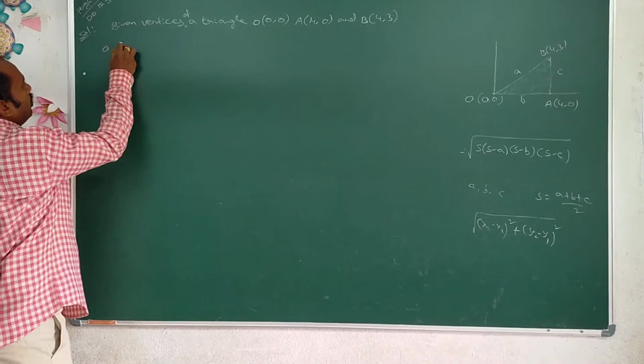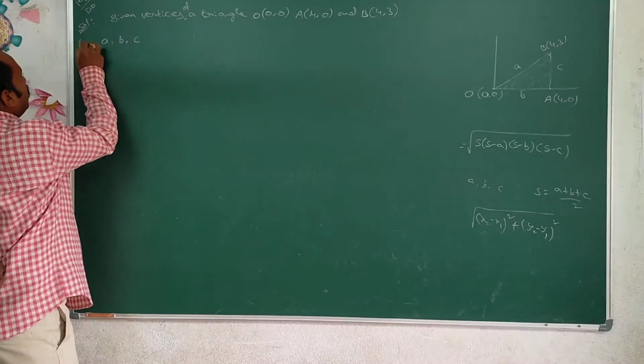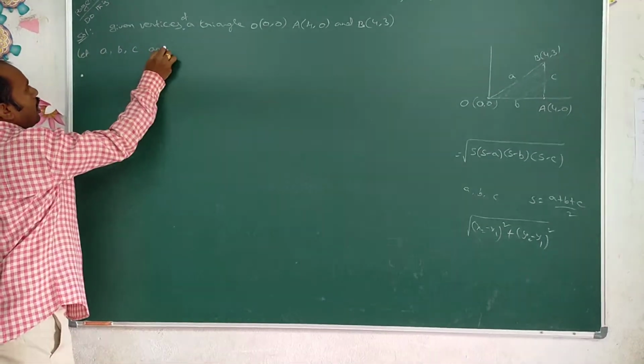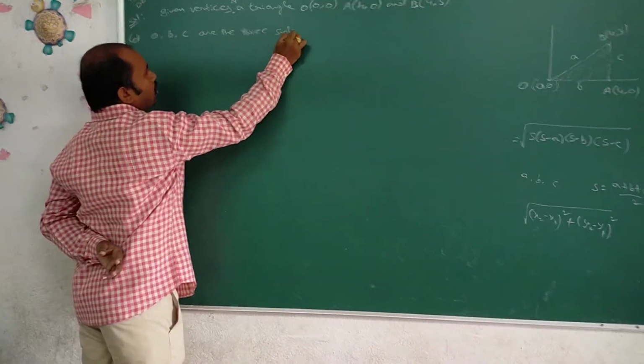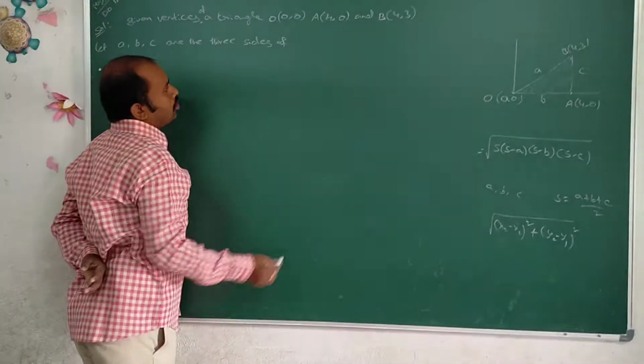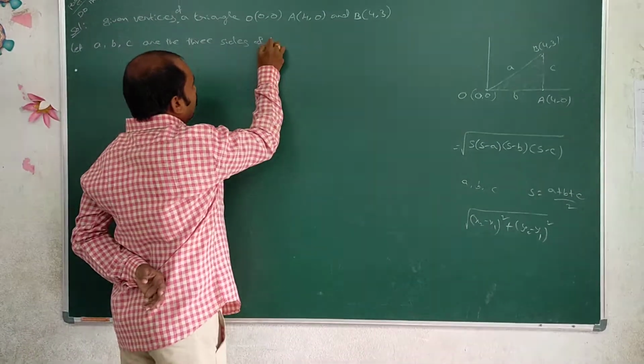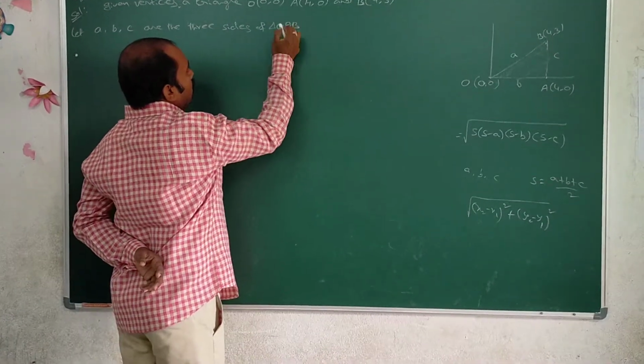Let a, b, c be the three sides of triangle OAB.